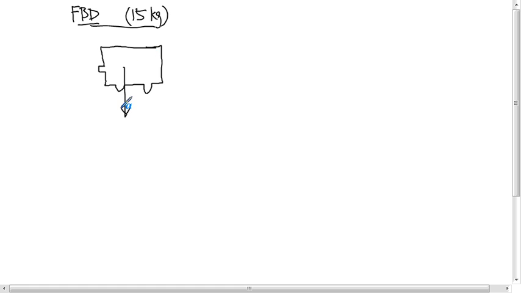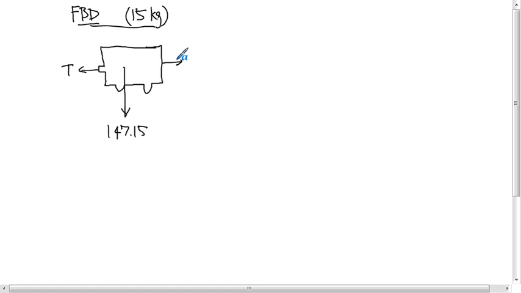Yep. So 147.15. And now think about going around the boundary. Where are outside objects touching the chosen body? Yep, this cable that we made up. Call that T.